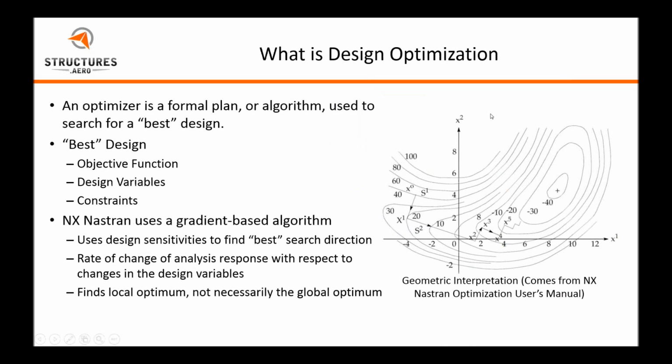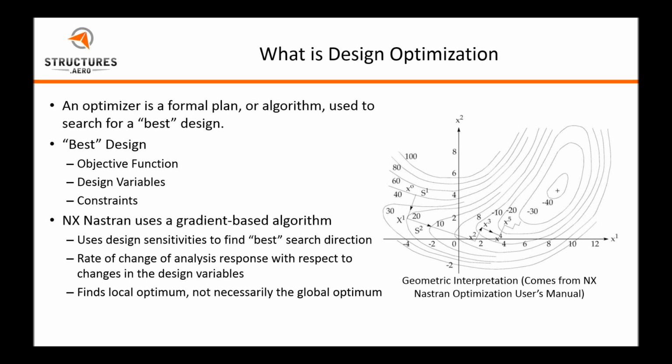Okay, so what is design optimization? Basically, fundamentally, an optimizer is a formal plan or algorithm used to search for a best design. What constitutes a best design really depends on how the user defines the optimization problem. So typical parameters that must be defined are an objective function, design variables, and design constraints.